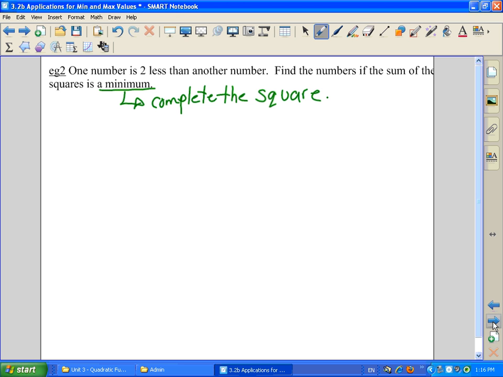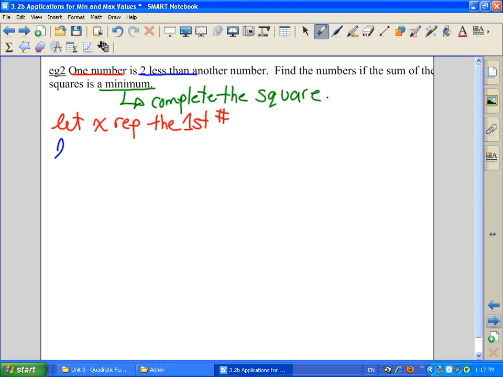All right, so let's start with, first of all, a number. So one number, let's let x represent the first number. Okay, and then it says the other number is 2 less than that number. So let's now, if I just use a different color here, is 2 less than another number.